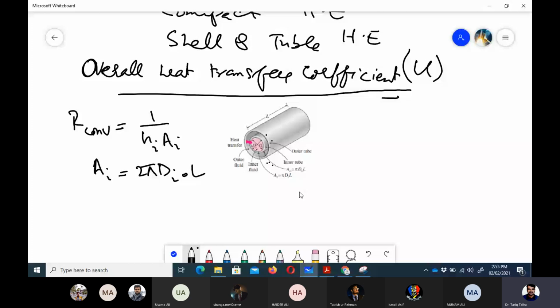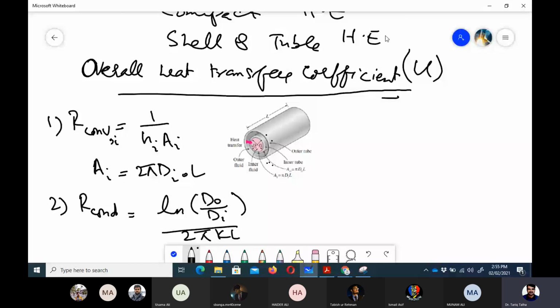Then we have got our conduction resistance through the thickness of the internal pipe. That would be equal to natural log of d out upon d in divided by 2 pi k L. So this is the first resistance, second resistance, and then the third resistance would be R convection outer fluid, which is passing through this annular space.